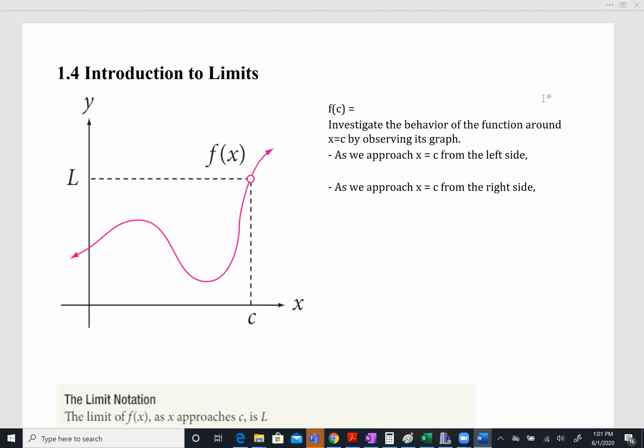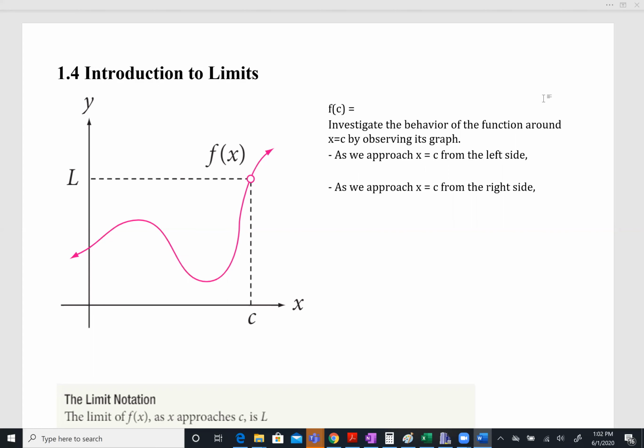So in front of me right now I have a figure with a graph of f(x). And my question here is, what is the value of f(c)?